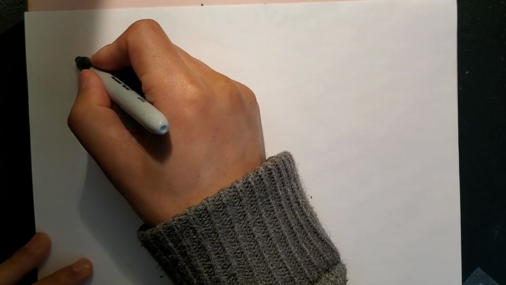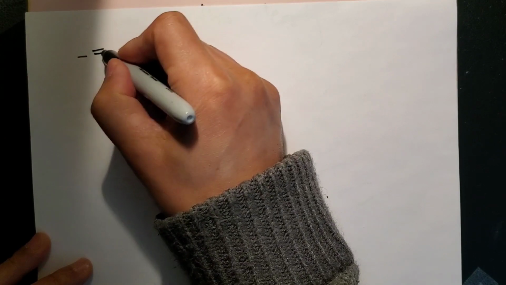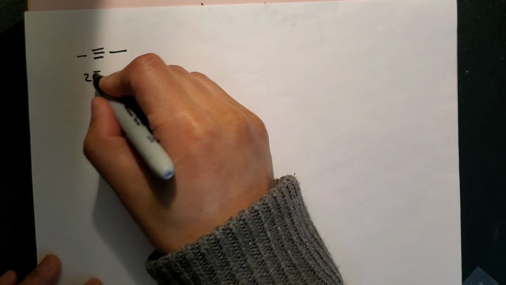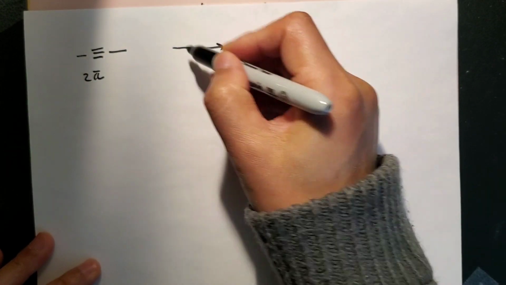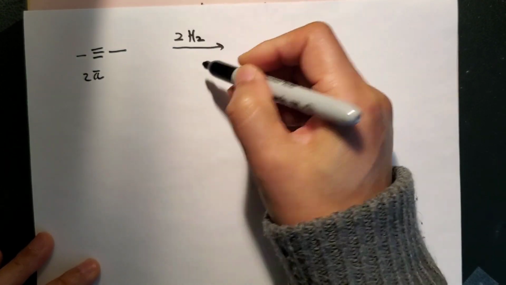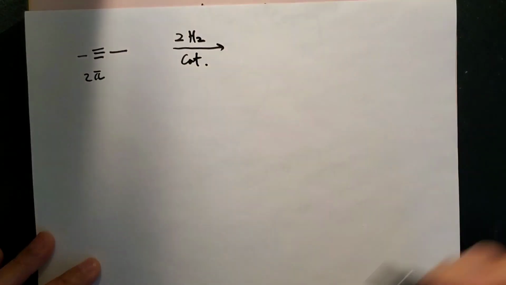Okay, so here let's have an alkyne. Alkyne has 2 pi bonds. So if you know the previous reaction with a double bond where you find only 1 pi bond, so you can have only 1 mole of hydrogen added, you can imagine you add up to 2 moles with a catalyst.